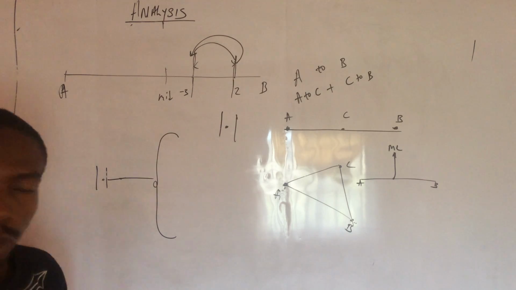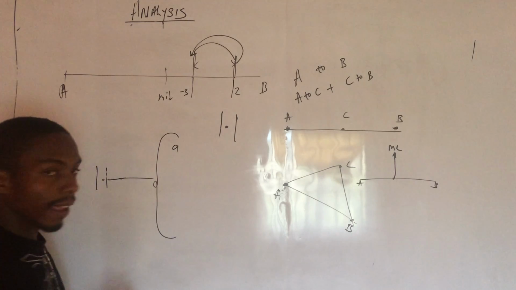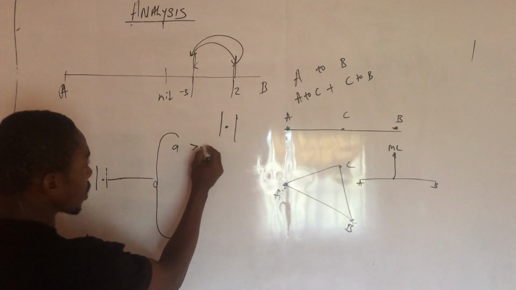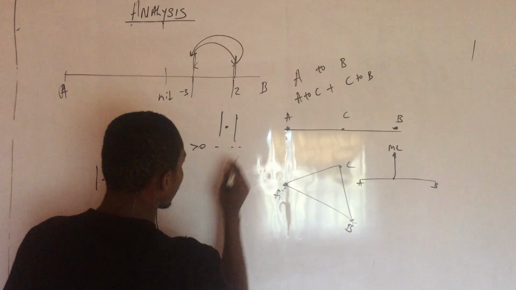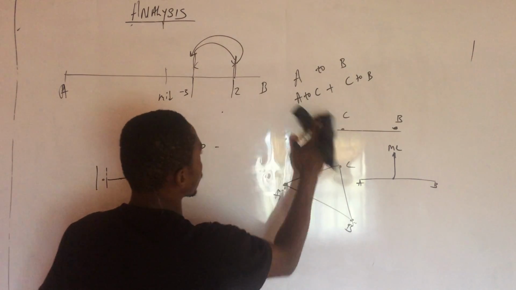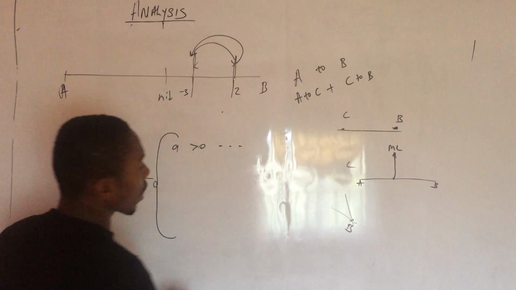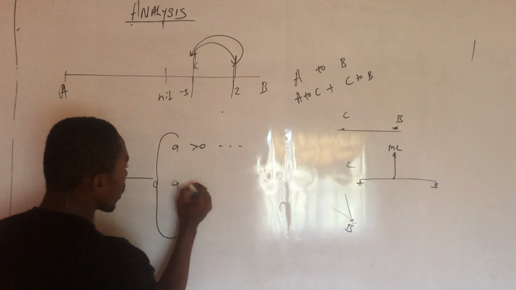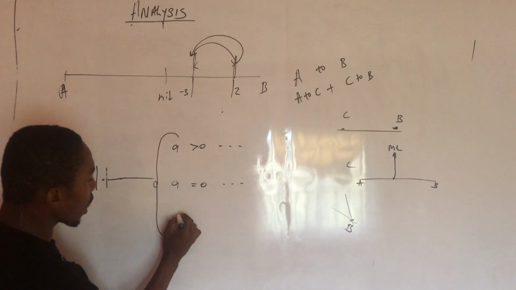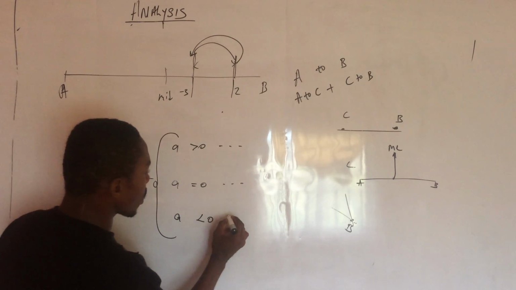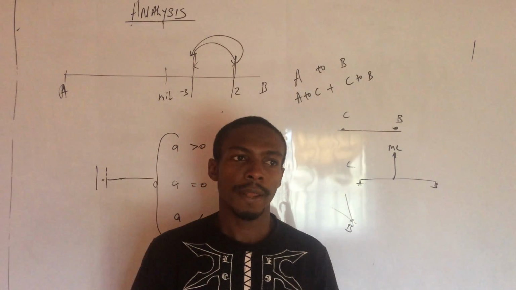And this machine is programmed in such a way that when you put in a that is greater than 0, it gives you something. When you put in a that is greater than 0, it gives you what? Something. When you put in a that is equal to 0, it gives you something. And when you put in a which is less than 0, it gives you something. Do you want to know what that thing is?